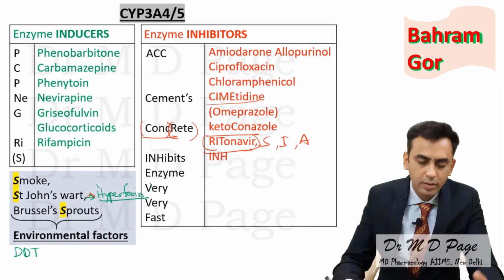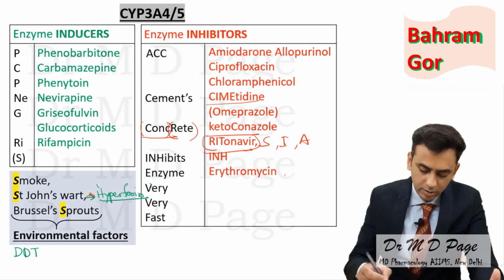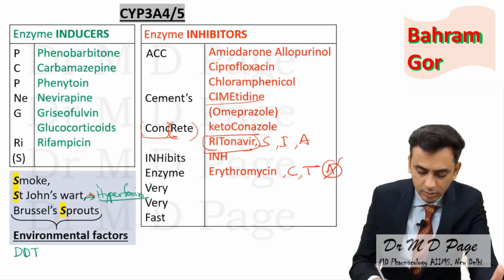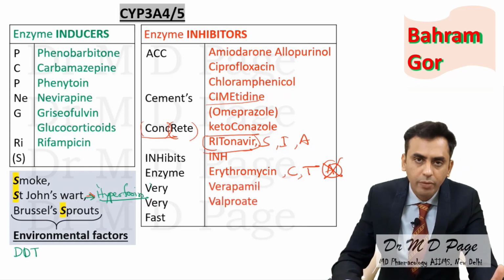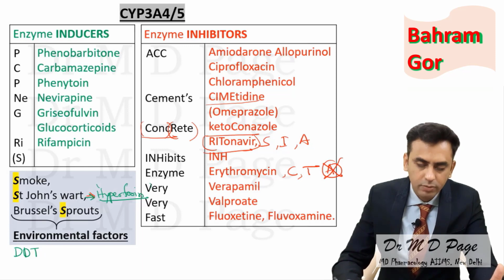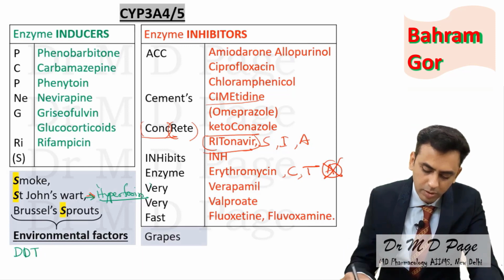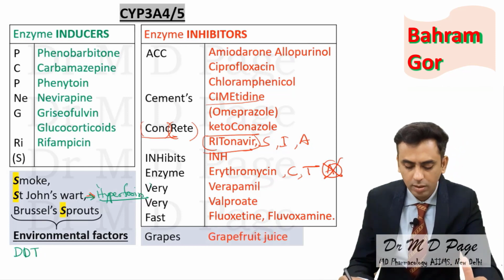Inhibits INH, isoniazid, enzyme erythromycin, clarithromycin, telithromycin, but not azithromycin. Very verapamil and very valproate, fast fluoxetine and fluvoxamine. And also imagine in this cement you pour some grapes, because grapefruit juice is an enzyme inhibitor.